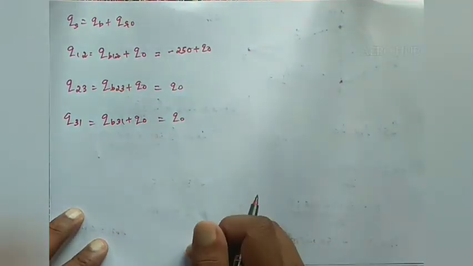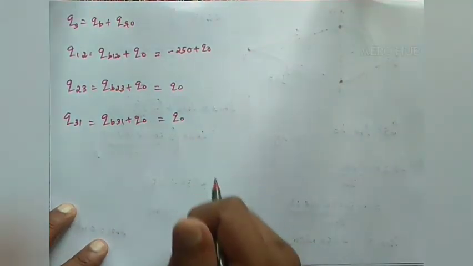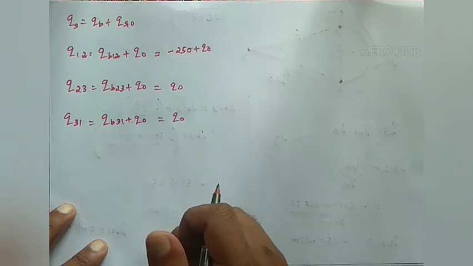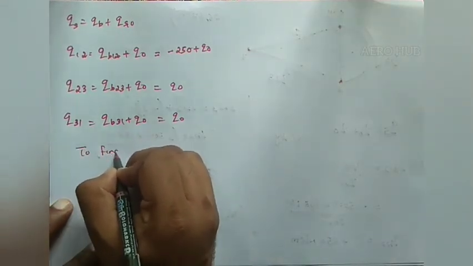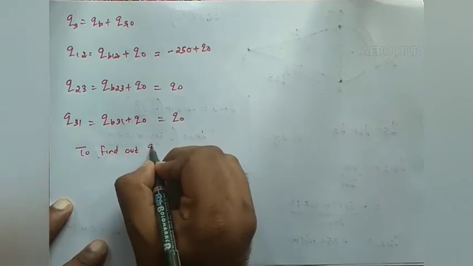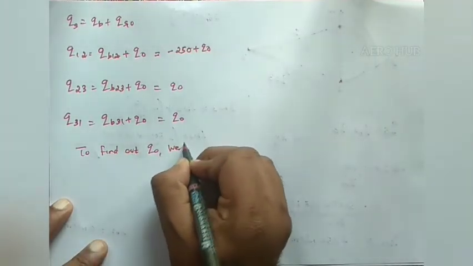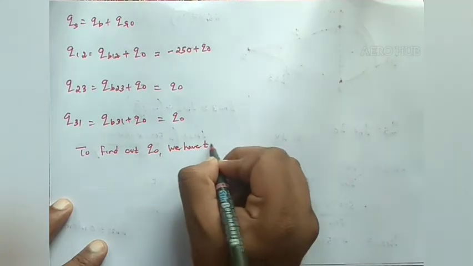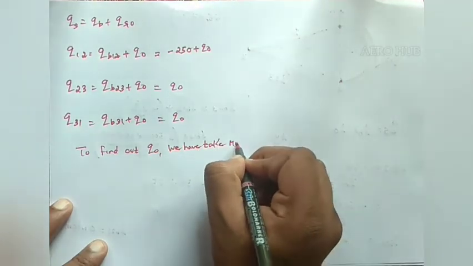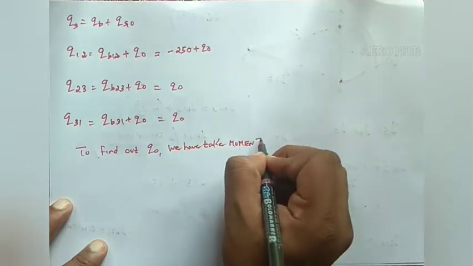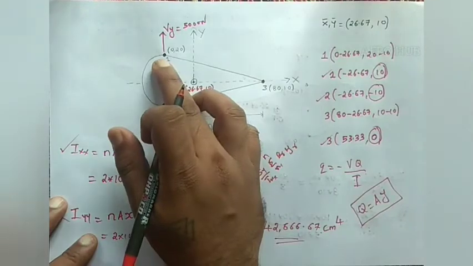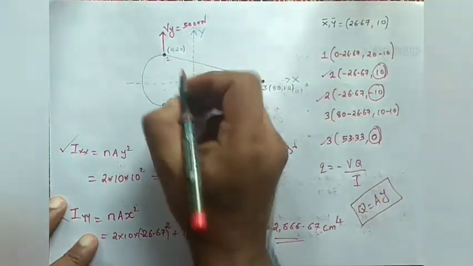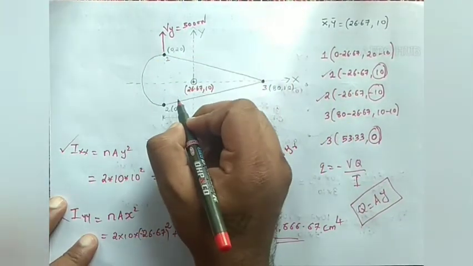Now to find out the value of q0, I have to take moment. I will take the moment about point 1.